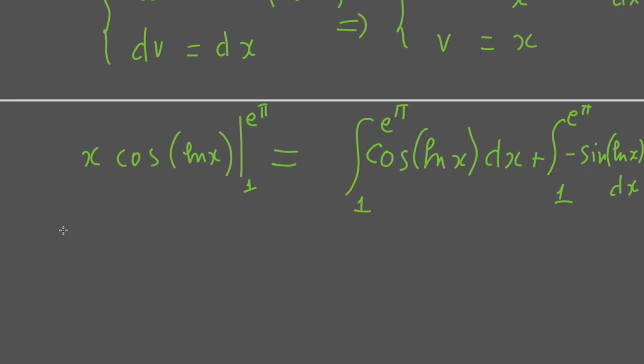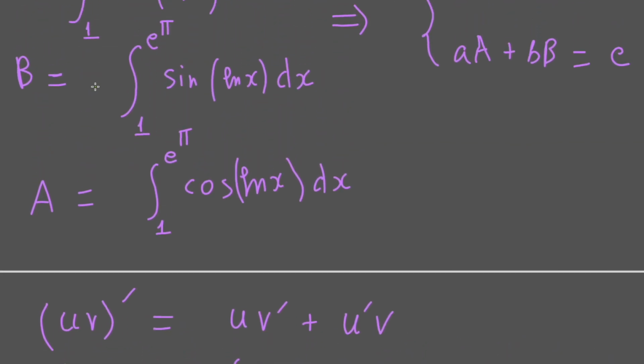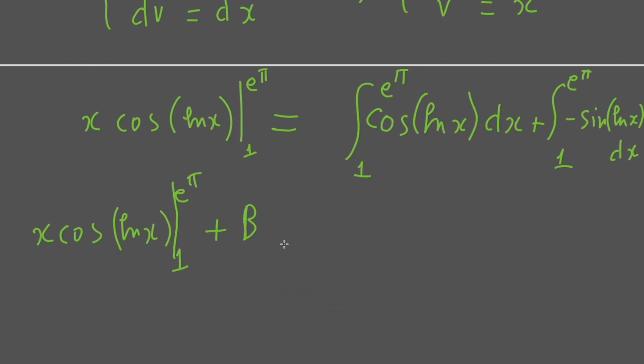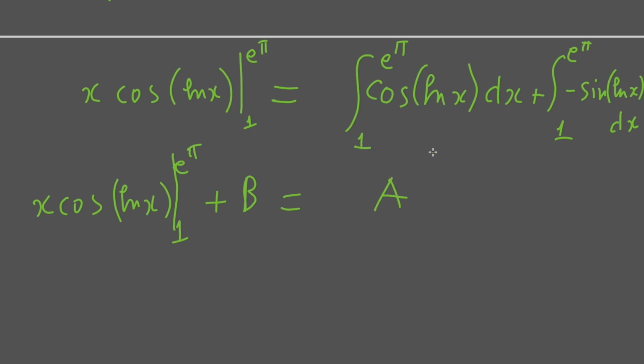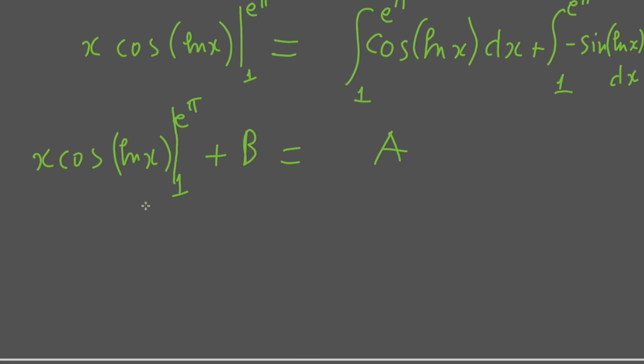So on the left side we have x cosine ln x from 1 to e power pi, plus this moves to the right, it becomes the integral B. Then the left is the integral A and the right is also the integral A. So we just calculate this value.